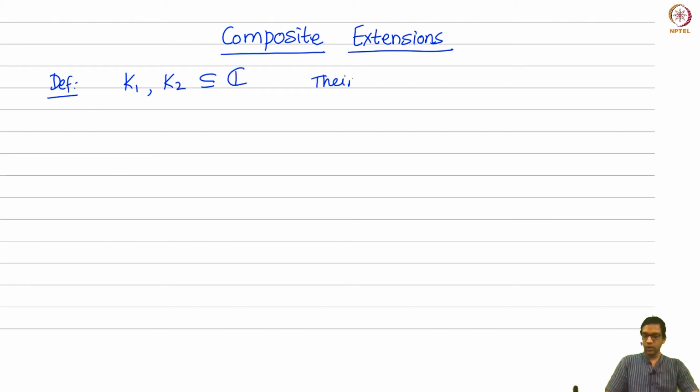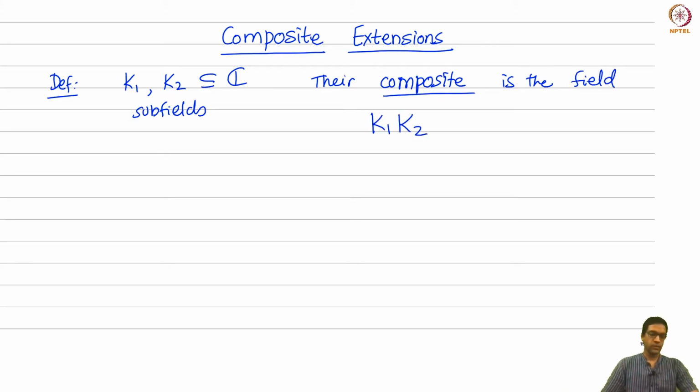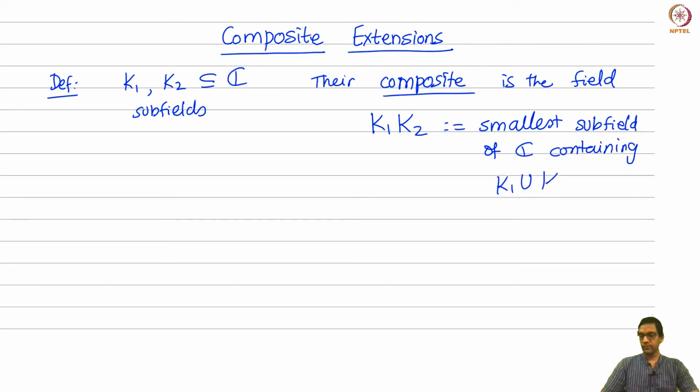Given two subfields, their composite field, usually denoted K1K2, is just the smallest subfield of C containing both K1 and K2.